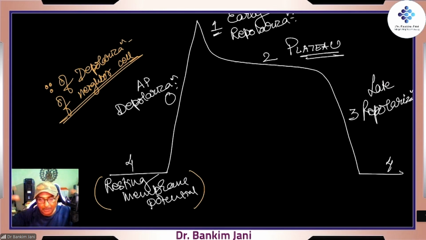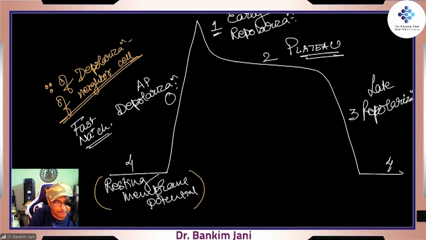Depolarized means it has acquired some ions. And which are these ions? This is where the fast sodium channel comes into the picture. When we say action potential depolarization phase 0, there is increased permeability of fast sodium channels. Right? They will come rapidly. It was happening because a large amount of potassium was going out.